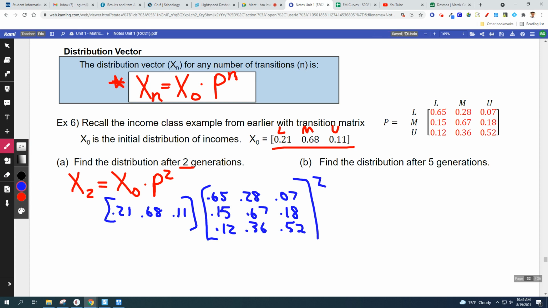So if we multiply the initial distribution times the square of the transition, we got something really gross.